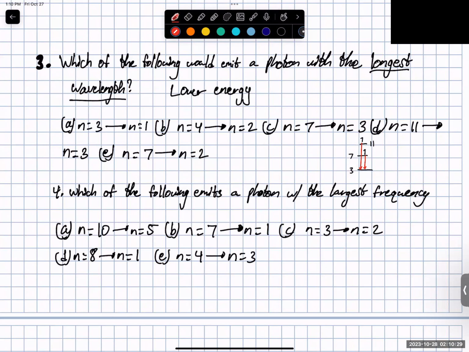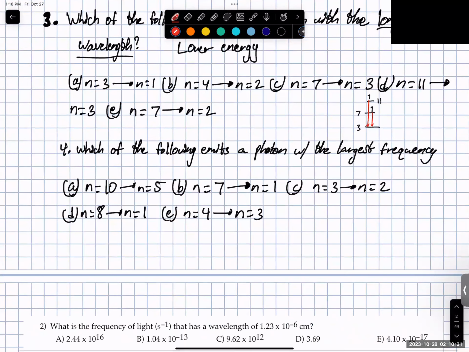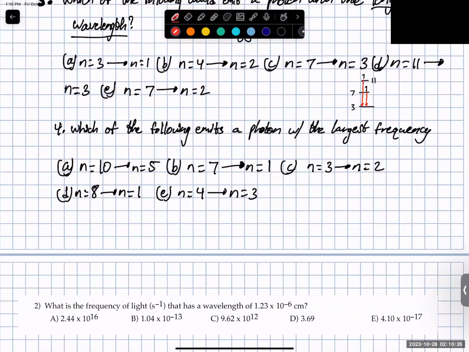Okay. Which of the following emits a photon with the largest frequency? Our frequency, low wavelength. Hey, think in here. You gotta let everyone think for themselves. Think about it. Who has an answer?